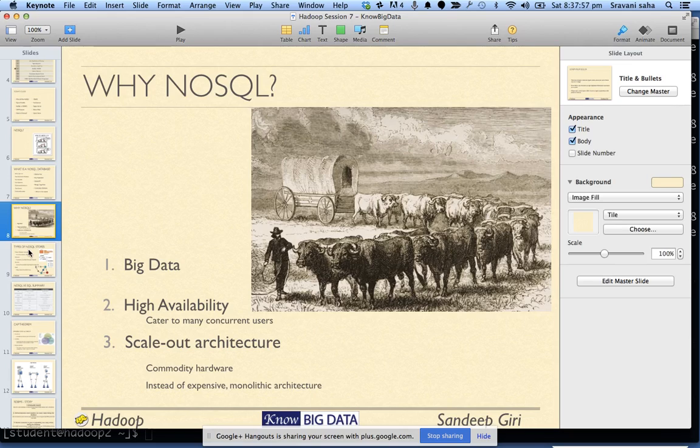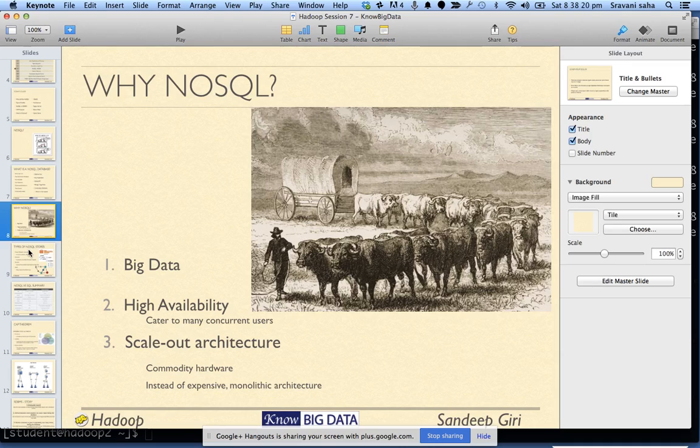So a NoSQL database is a database whose data is spread across multiple machines, and to coordinate with these machines, it has to have an ID column, a unique identification column with which it can identify each row in the table.